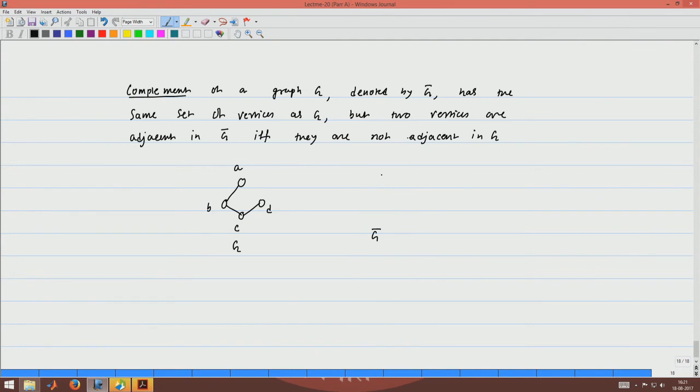It has the same set of vertices A, B, C and D. Now, A and D will be adjacent because they are not adjacent in G. A and C will be adjacent because they are not adjacent in G. Similarly, B and D will be adjacent because they are not adjacent in G. So, this is what the G complement is.